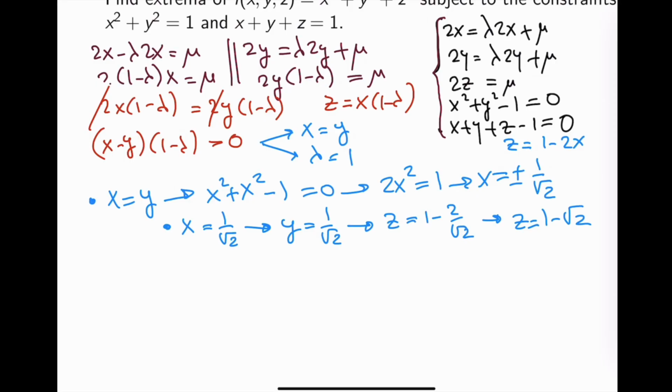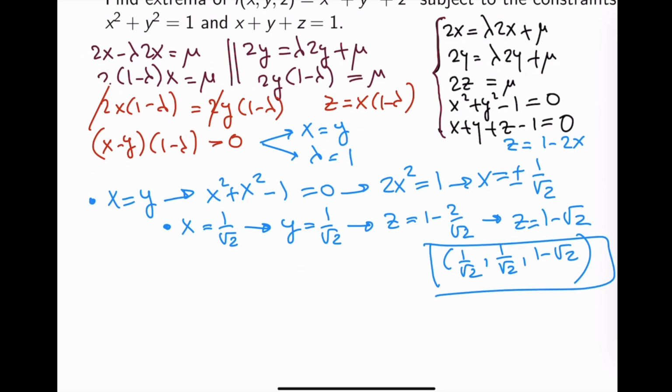And then we have the three components of the point. We have the first point in our list. So the point is going to be 1 over square root of 2, the y is going to be also 1 over square root of 2, and the z is 1 minus square root of 2. So this is then the first point in our list of candidates.